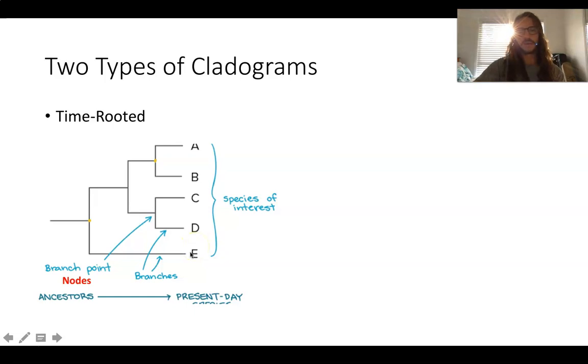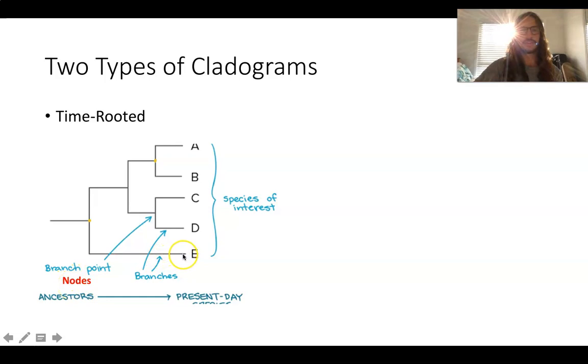For example, a question might ask you, infer whether species E is more closely related to species D or species A. The way in which we figure this out using a time-rooted cladogram is by counting the number of nodes.